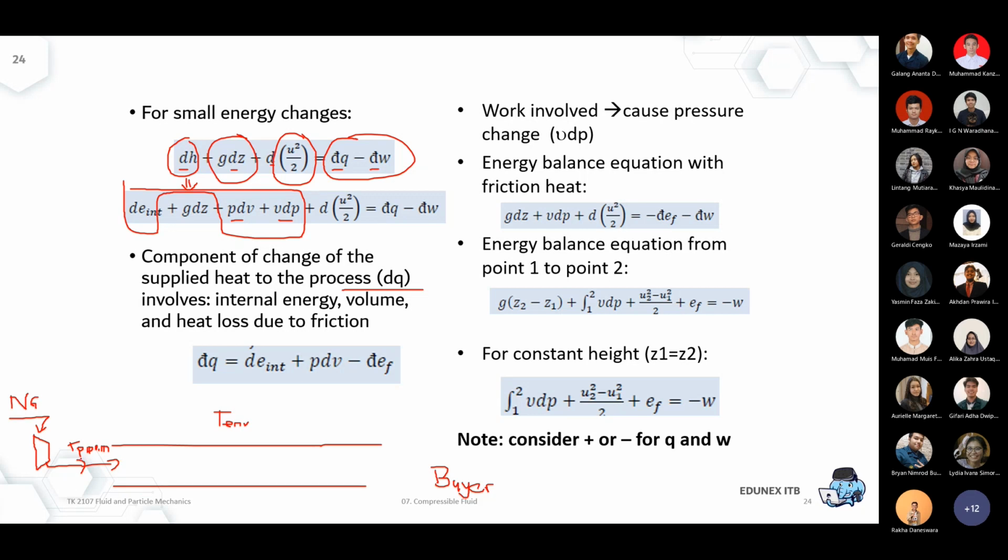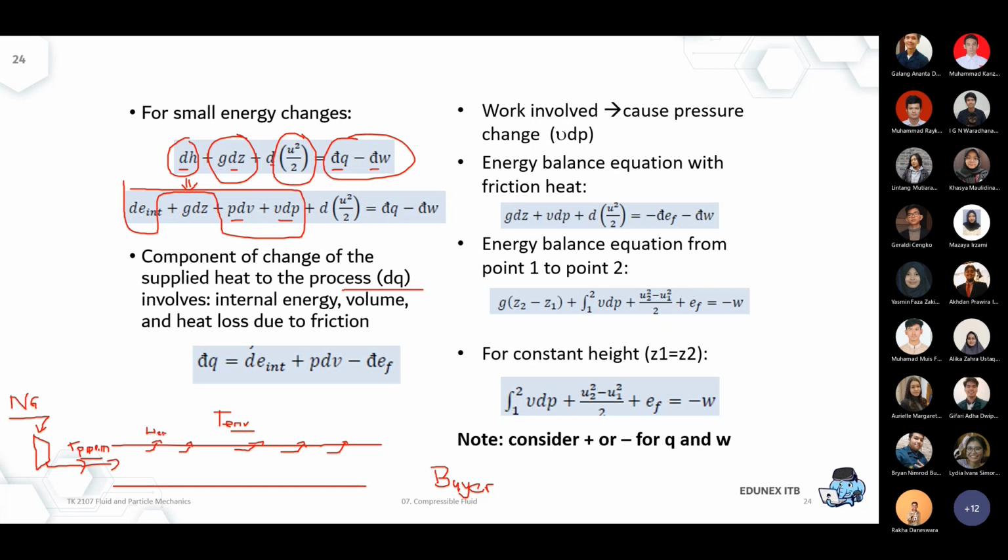Why? Because now when you have a temperature difference between the fluid and the environment, in this case the pipeline temperature is hotter than the environment temperature, you will have some heat loss along the way of the pipeline, because of this temperature differential. Let's say that's the heat loss.